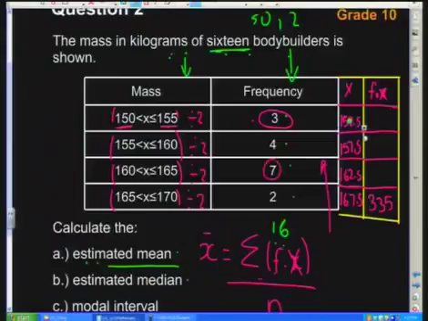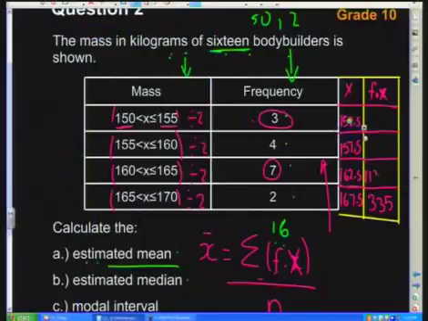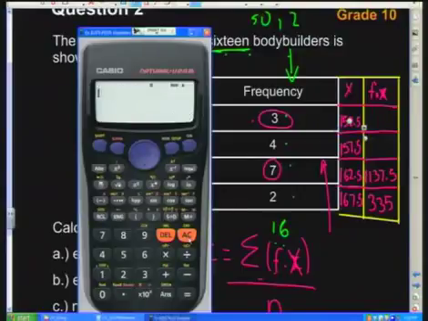The next frequency is 7, so we're going to say 7 times 162,5, and that gives us 1137,5. Right, and you just go up the table doing exactly the same thing for each of them.